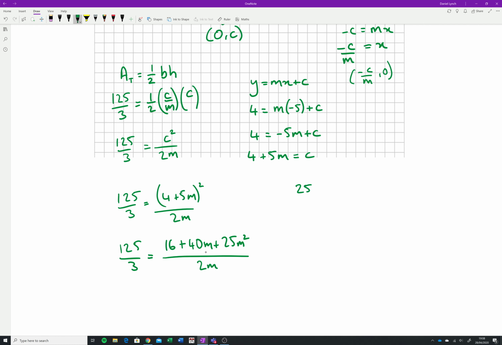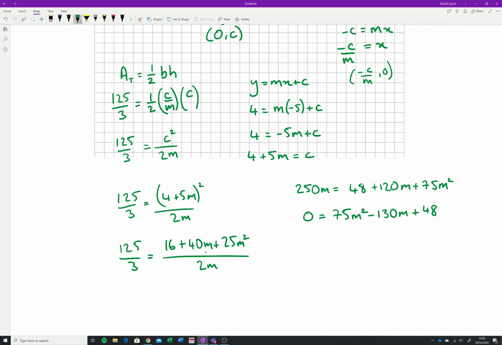Okay, so we multiply both sides by 2m and by 3, so we've 250m is equal to, okay, 3 by 16, sorry, the head's a bit frazzled, it is 48, thankfully, plus 120m plus 75m squared. So we get 0 is equal to, oh, such beautiful numbers. So that's 75m squared minus 130m plus 48.